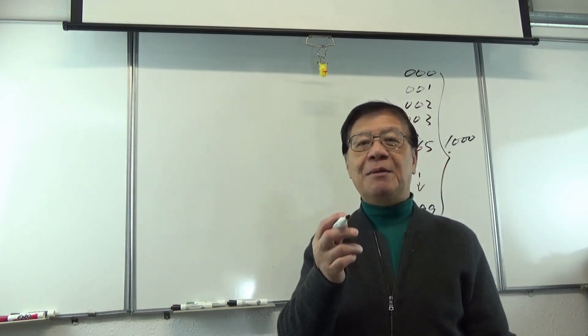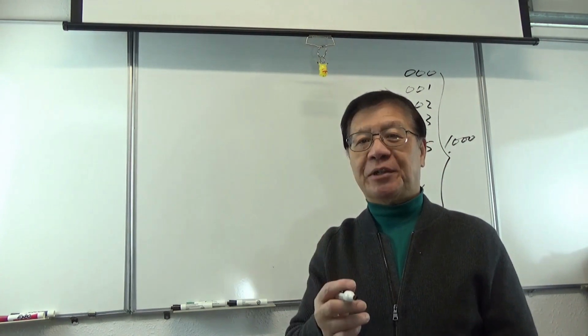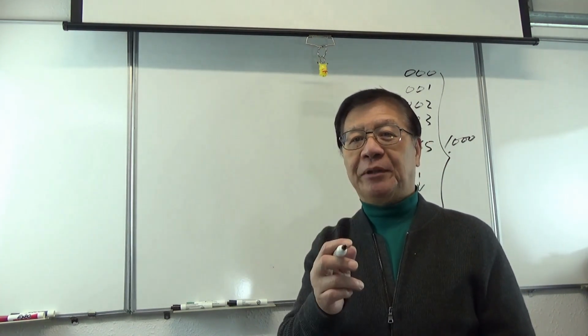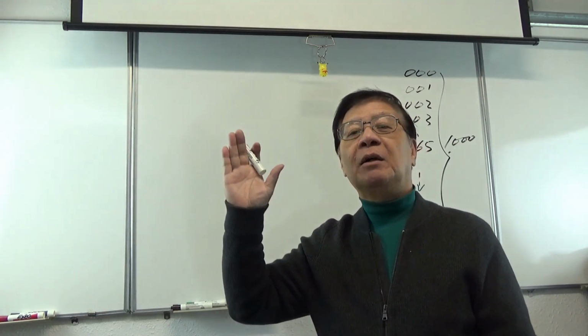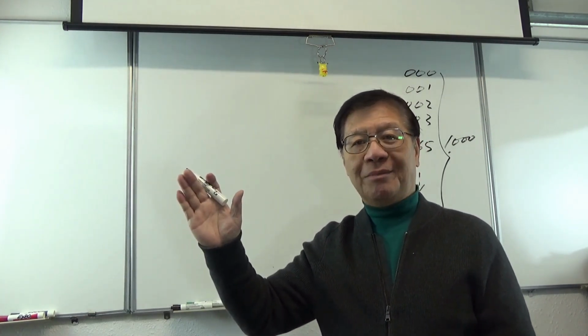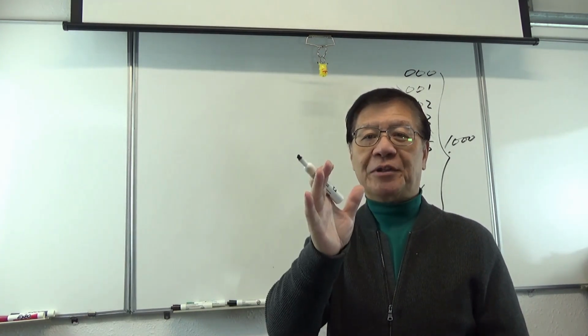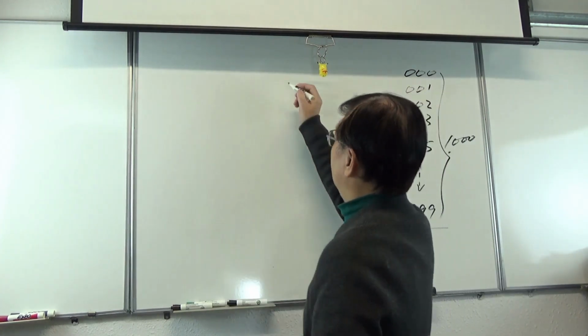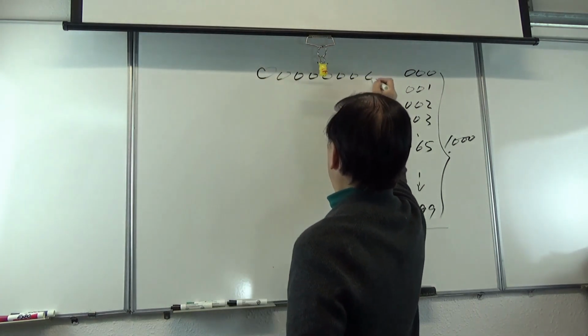So there's a so-called 8-bit computer. What's 8 bits? 1 bit means 1 digit with either 0 or 1. 8-bit means 8 digits in binary system. Let's put 1, 2, 3, 4, 5, 6, 7, 8.